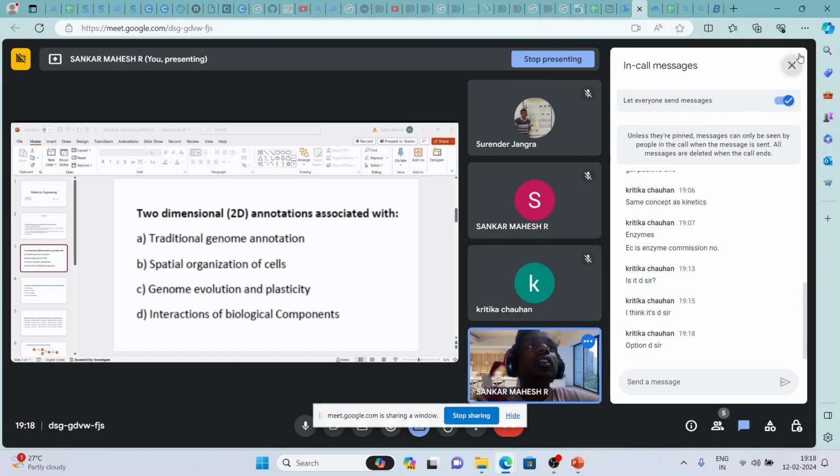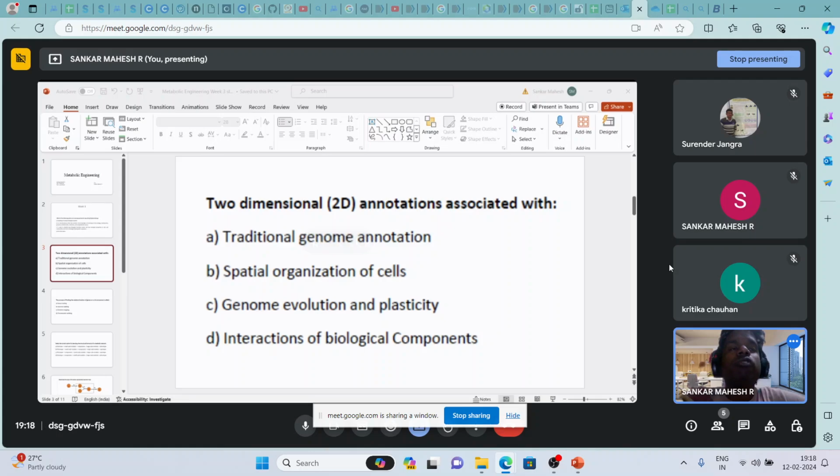So with respect to biological data, the traditional 1D annotation was just annotating the genome, meaning based on analysis of sequences, one could locate the open reading frame and then assign the function based on what the gene corresponds to, if there is a gene product or not.